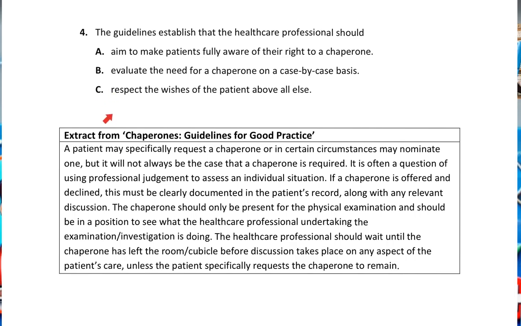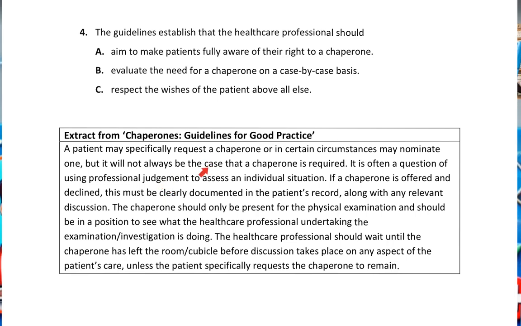Then we have C, respect the wishes of the patient above all else. That is not the case here. The patient may wish to have a chaperone, but if it's not required, you cannot bring a chaperone in.